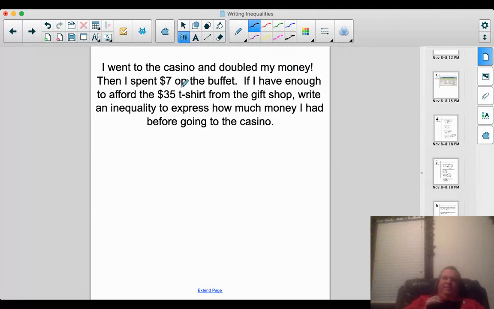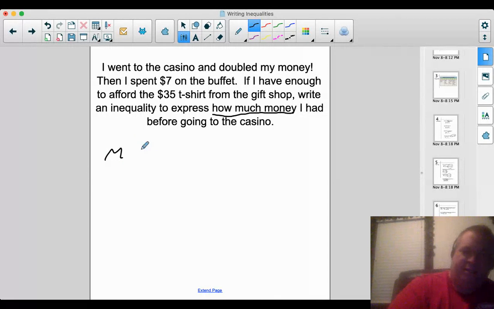Then I spent $7 on the buffet. If I have enough to afford the $35 t-shirt from the gift shop, write an inequality to express how much money I had before going to the casino. How much money is the thing I don't know, so that's my variable. M is going to equal the money I had.